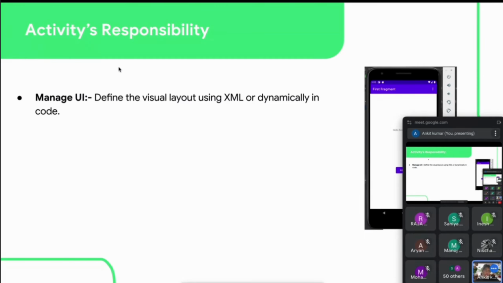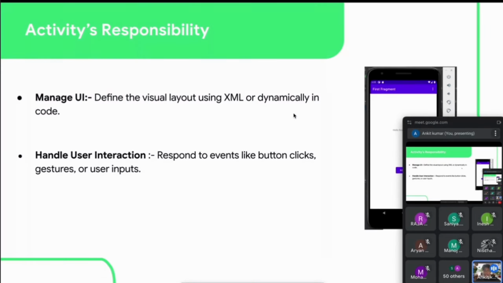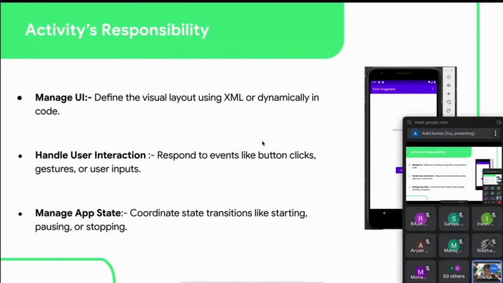What is the responsibility of activities? It basically manages the UI, shows the UI to the user, whatever you have built in your app, and handles user interaction as well. Whenever somebody clicks on buttons, provides gestures like left swipe and right swipe, or any kind of input through the keyboard, the activity will handle those interactions. It also manages the app state.